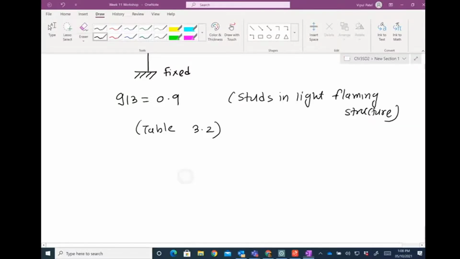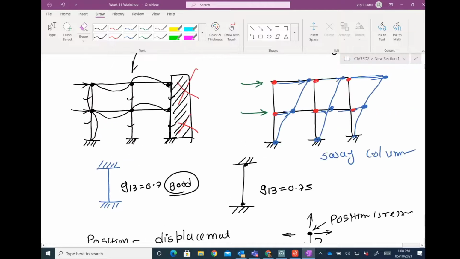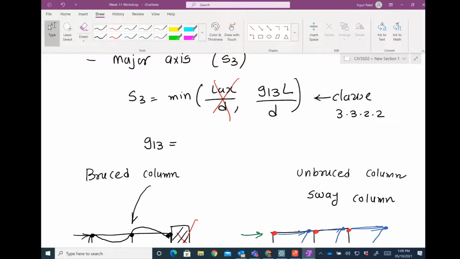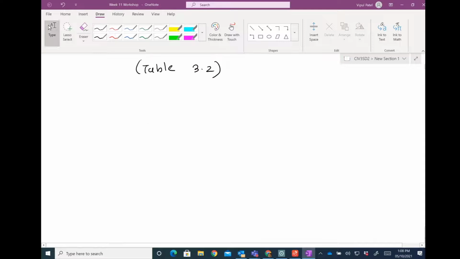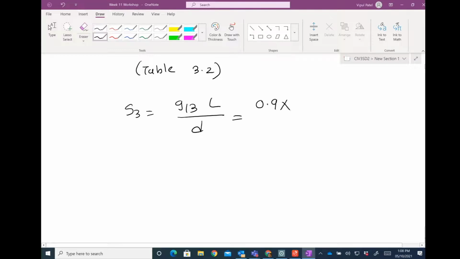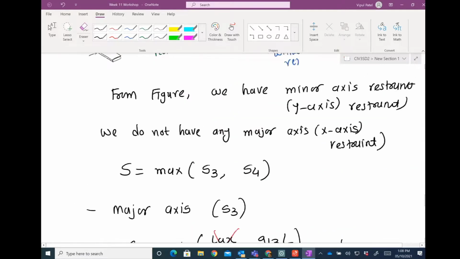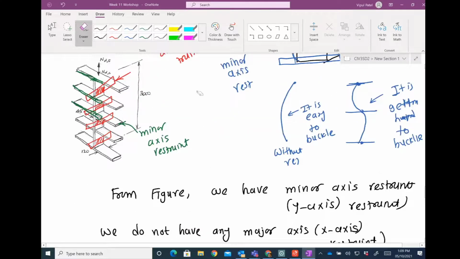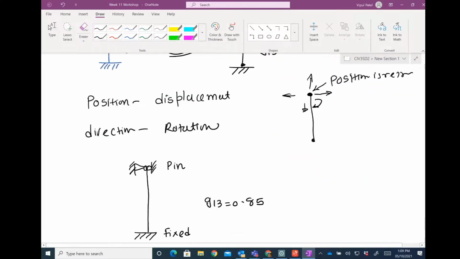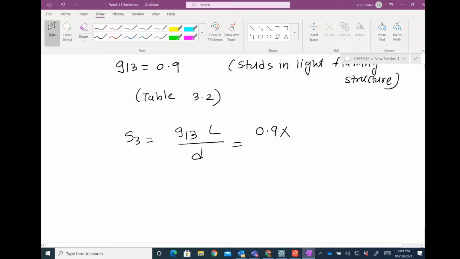So now once you have G13, we can calculate S3. S3 is equal to G13 L over D. G13 is 0.9. L is 3000, given in our figure, I believe. This 3000 is given, that is here. Over small d.